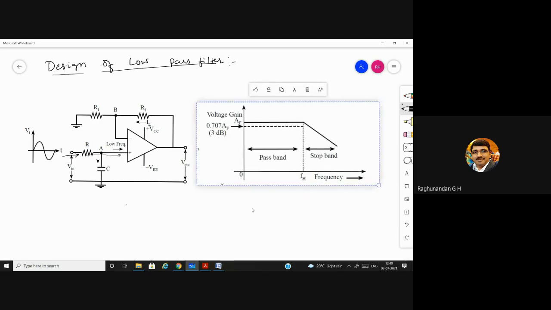So now here, whenever the input signal is being passed, all the higher frequency signals are going to pass through this capacitor.